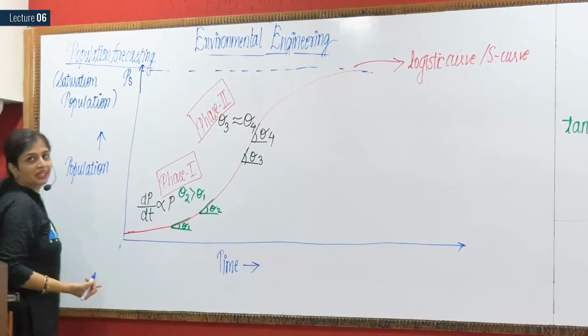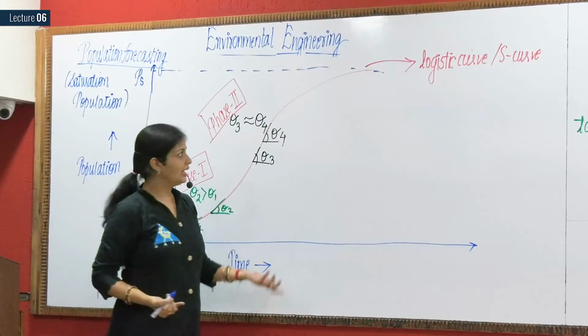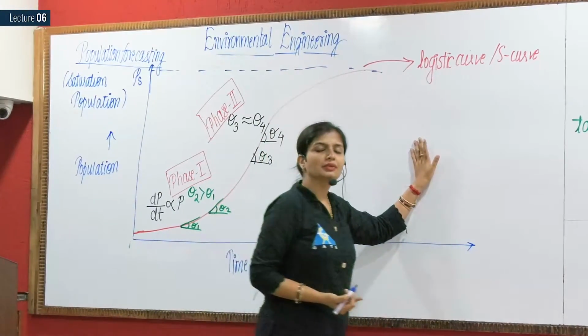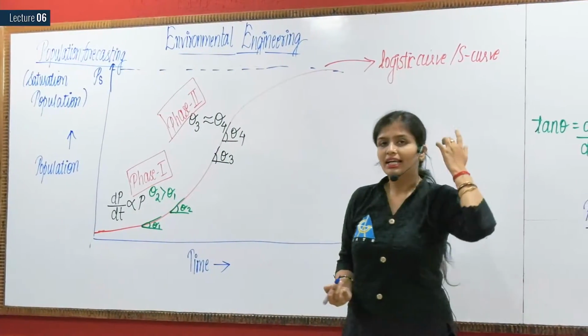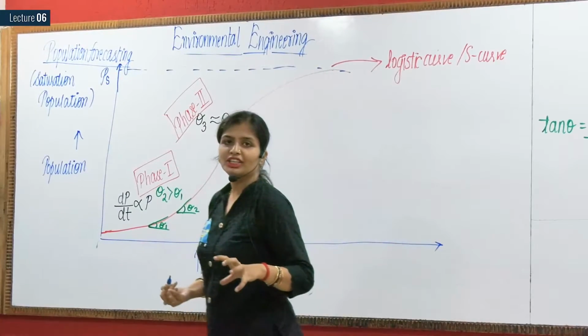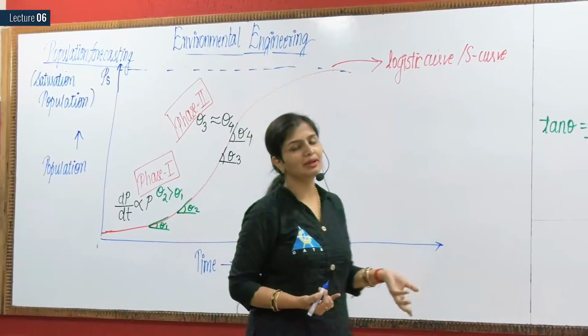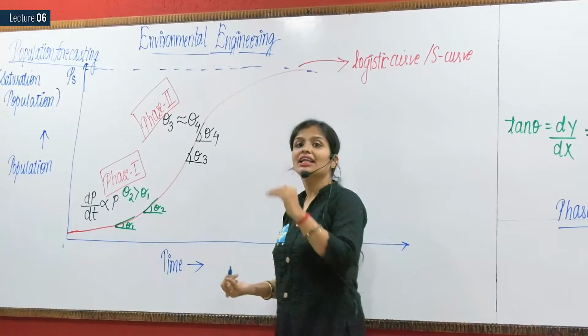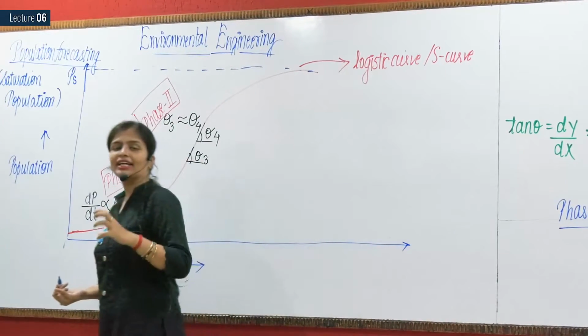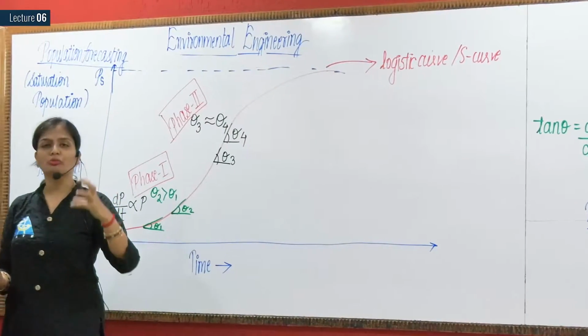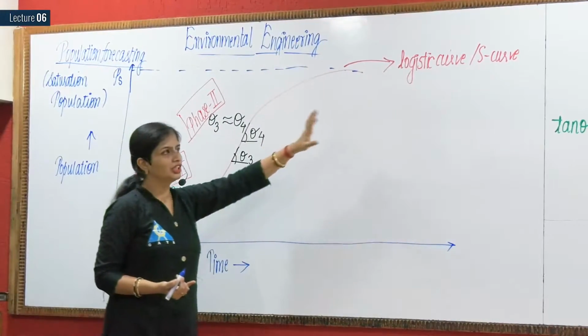Now what is this saturation population? First understand that before we proceed to the third stage. This saturation population is the maximum amount of people, or you can say the maximum population, that a city can take or can accommodate. That is known as saturation population.